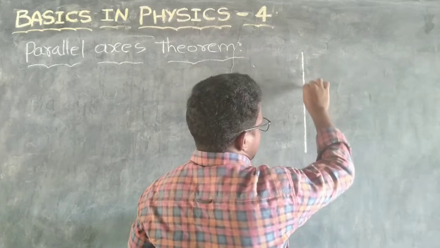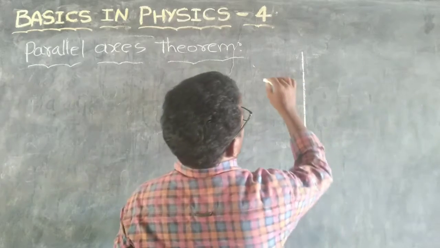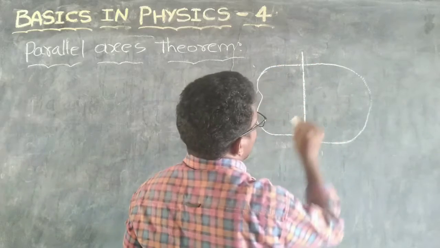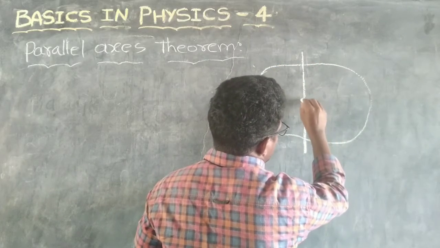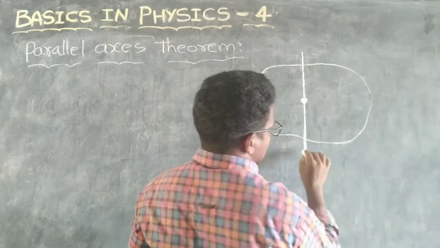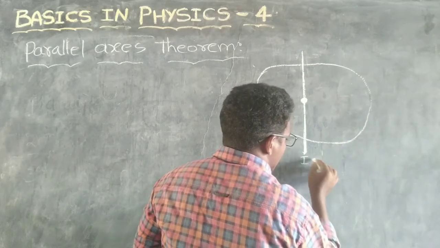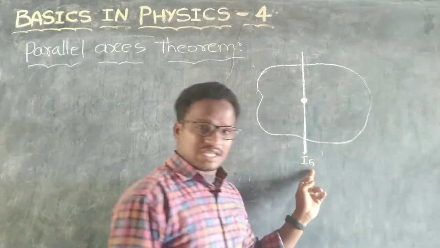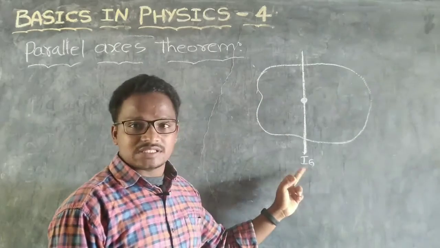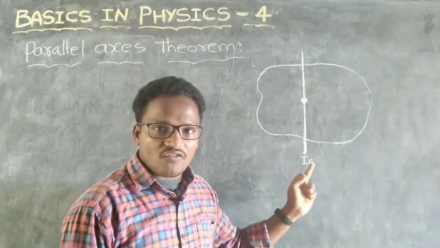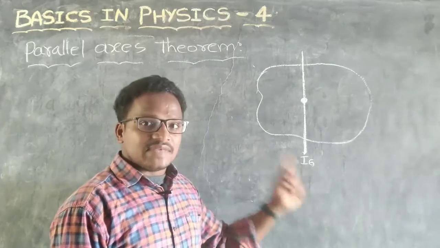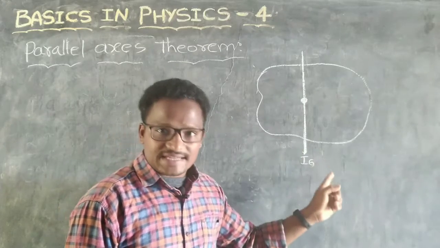Take one body, with its center of mass. Here take one axis, that axis we call Iz. What is the meaning of Iz? Iz means moment of inertia.